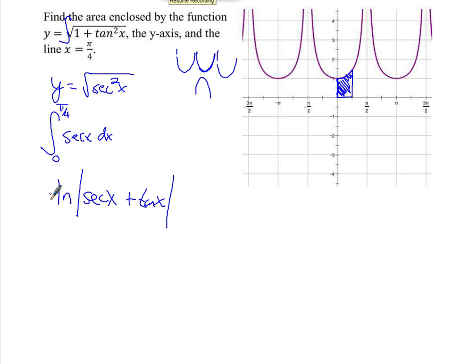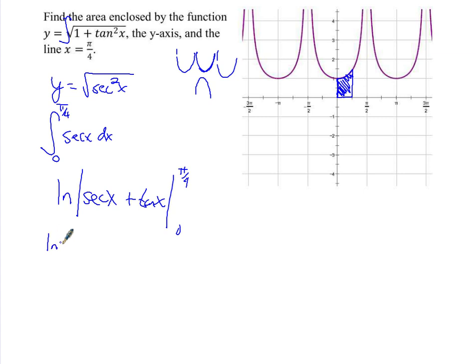So there's no negative sign out front or anything? That's it? Oh, is there? Why? That was tangent. Tangent had a negative sign out front. Okay. So this is from 0 to pi over 4. Now what? Now we plug in. Okay.